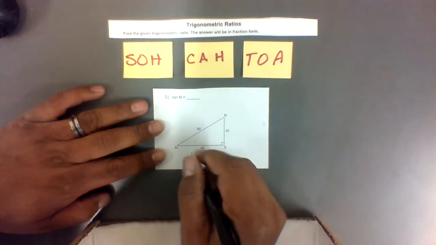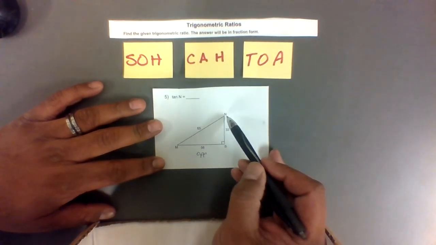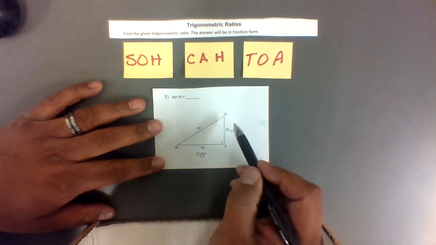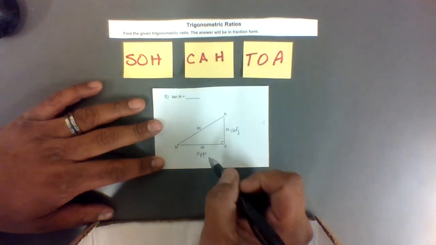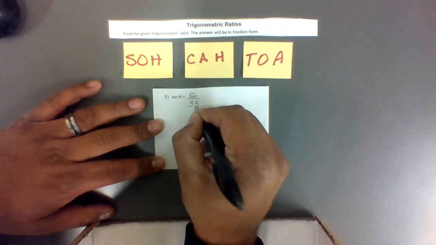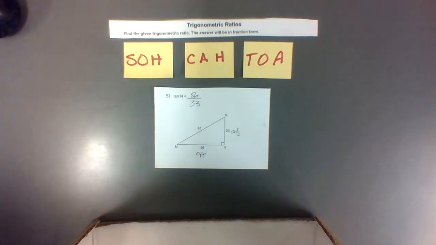Right here. And what is the adjacent side to angle N? That would be here. So setting up the ratio of opposite over adjacent would be 56 over 33. Like I said, for this exercise of just setting up the ratios, that's as far as we would go.